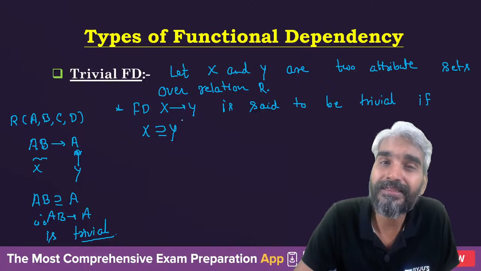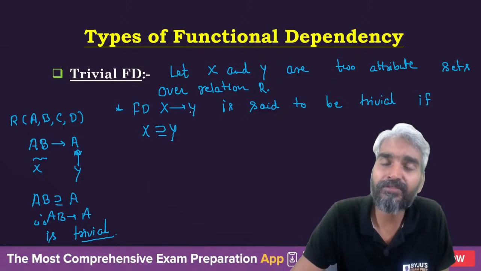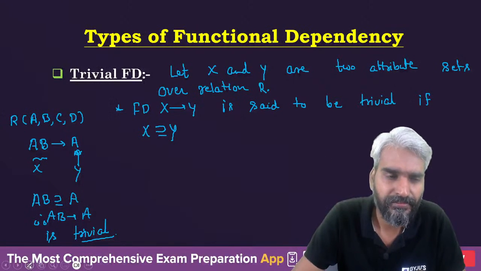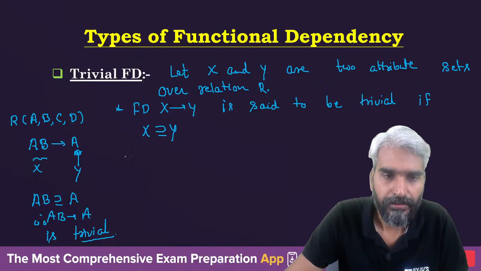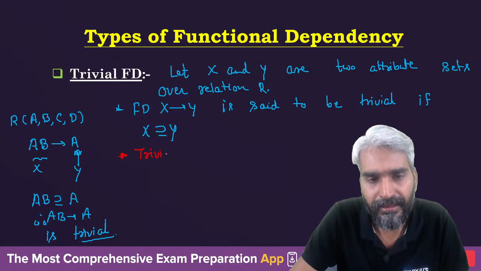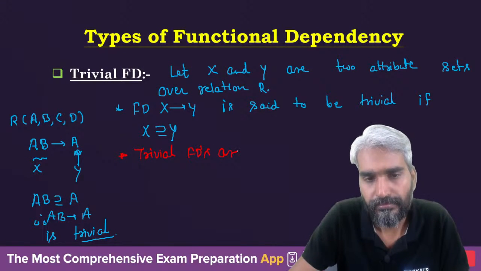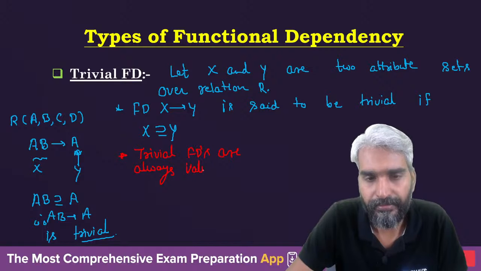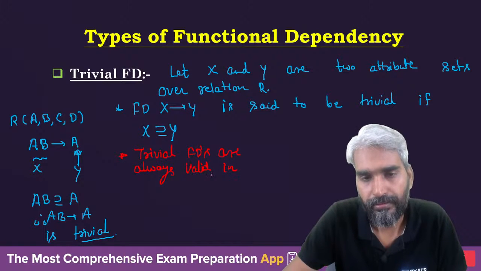You just need to understand one thing, that trivial FDs are always implied, or always valid, in the relation. Why?